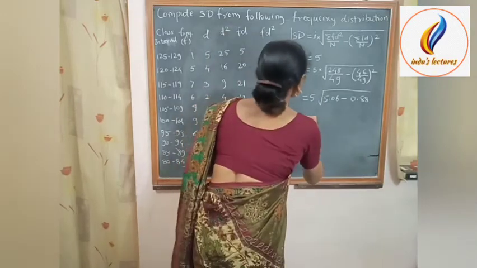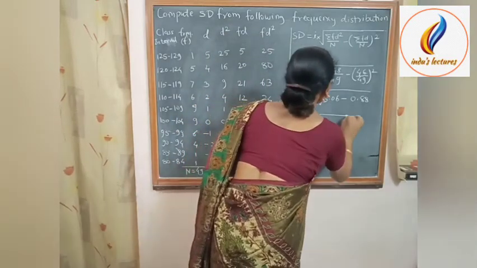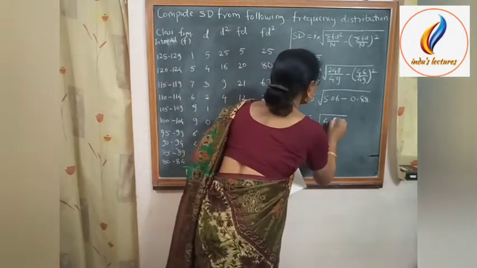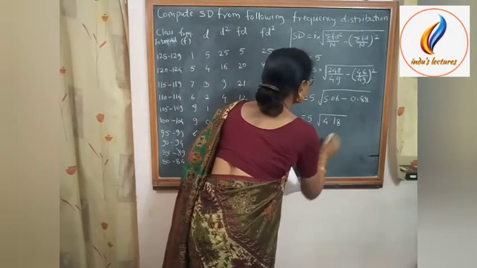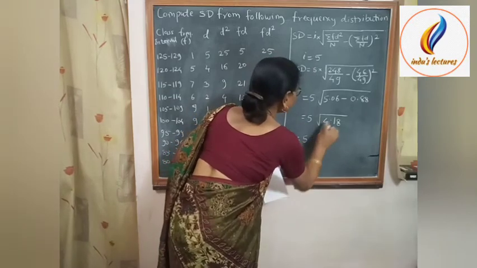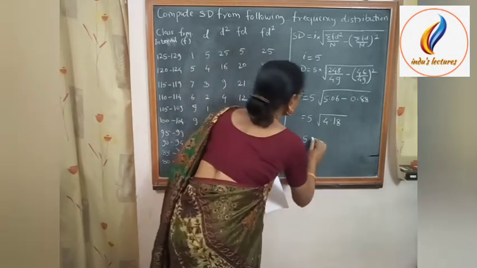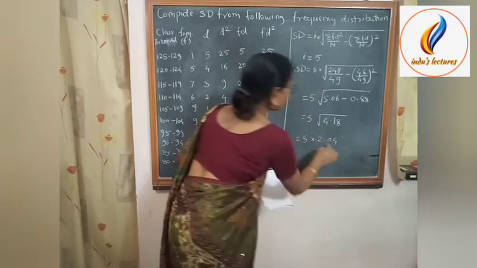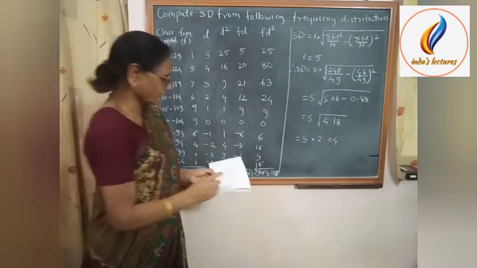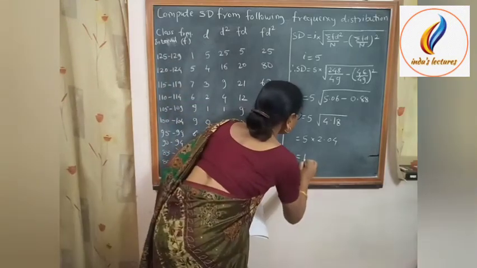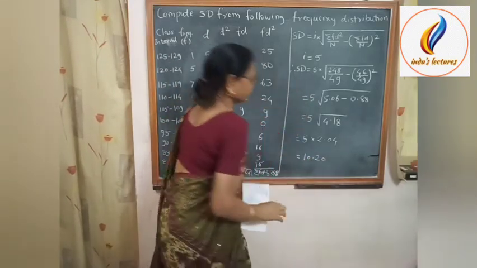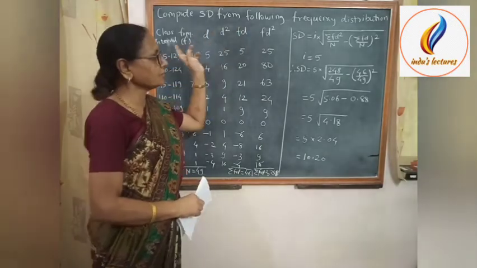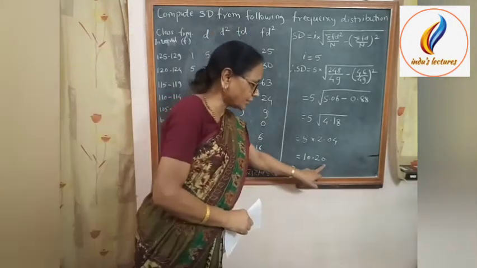So 5 into under root of 4.18. Taking this under root, it is 2.04, so 5 into 2.04, which is equal to 10.20. That means the standard deviation of the given distribution is 10.20.